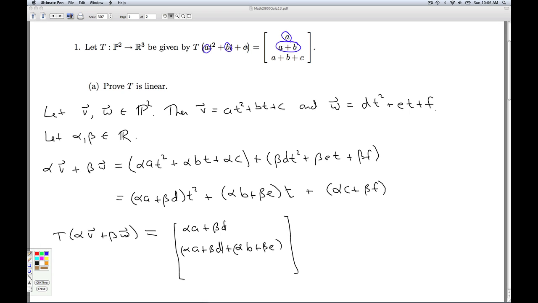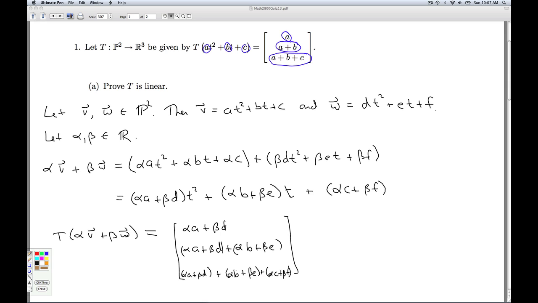Then I take all three coefficients and add them up. Alpha B plus beta E, plus alpha C plus beta F.